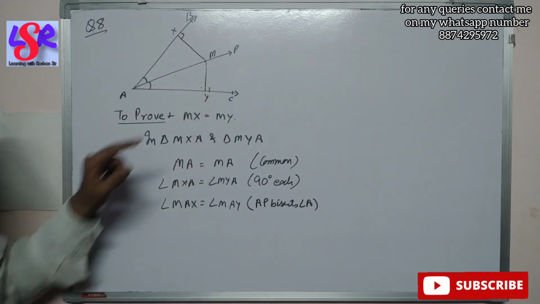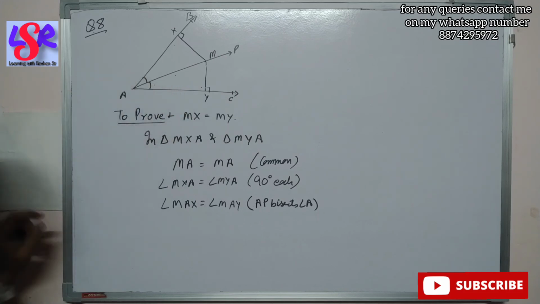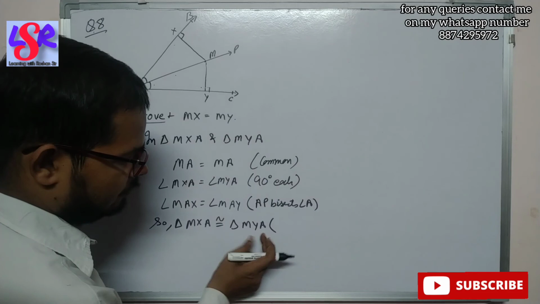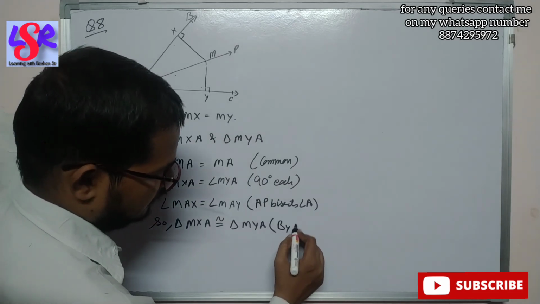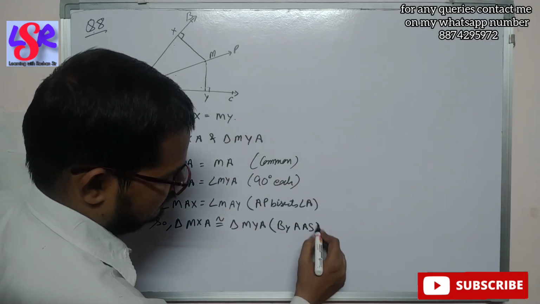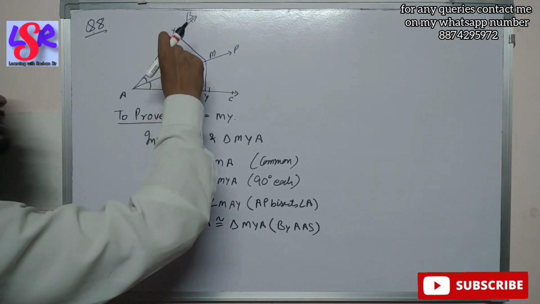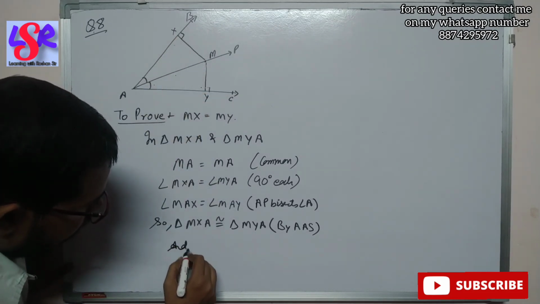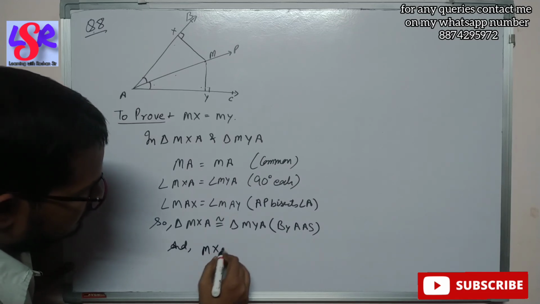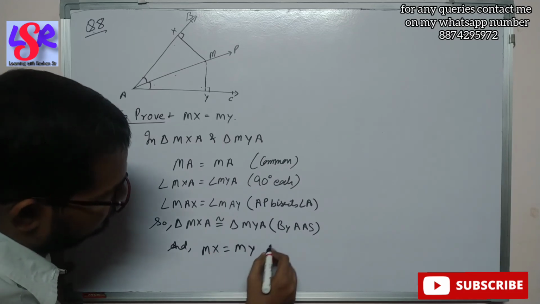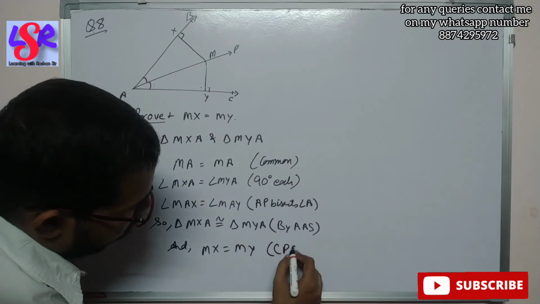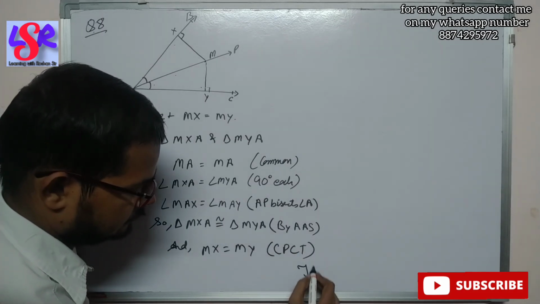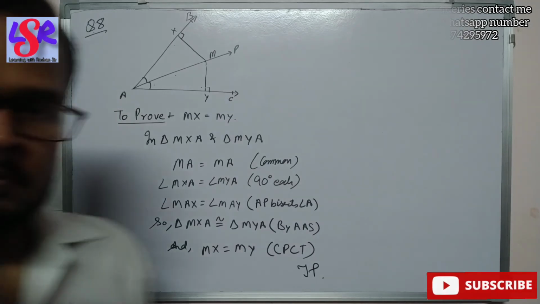So it is AAS. So triangle MXA is congruent to triangle MYA by AAS. Now as these two triangles are congruent, these two sides will be equal, MX equals MY by CPCT. Hence proved.